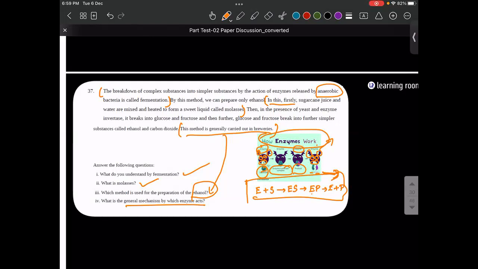Genotypic ratio, phenotypic ratio, F1 progeny, crossing, self-fertilization, cross-fertilization. So many terms, law of dominance, law of independent assortment, law of segregation. These terms alone are very important and will help you to understand most of the concepts. The terms are very important, right? Be thorough with the terms.